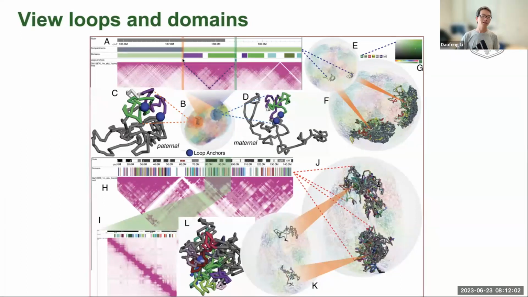And also the anchor points, which are shown here in blue, are displayed in the 3D model as blue spheres. So basically, these blue spheres indicate the loop anchors in the 3D representation.